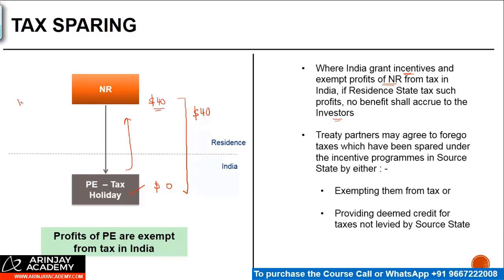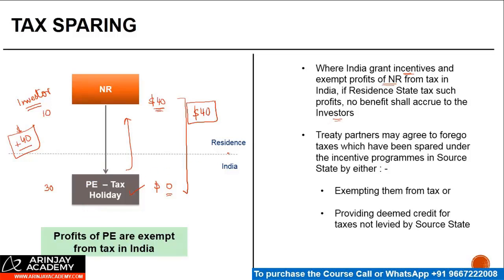Now, when you talk about the investor, for him, it doesn't matter whether India applies a tax rate of 30 and the non-resident's country applies a tax of 10 and he pays a total of $40 as taxes, or if India puts in $0 of taxes and the non-resident's country applies 40, because in both cases, he has to pay $40 as taxes. So he would not have any incentive to invest into India.